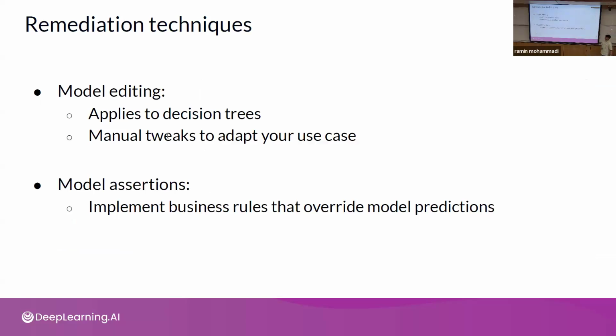So then there are also some remediation techniques. For example, you can do model editing. If you look at decision trees, you can apply model editing, pruning the trees and things like that. Or you can manually tweak your data based on some business cases that you have. Model assertion is an example where you have a model and your model says accept the loan, but the company has a policy that even if the model says accept the loan, based on this, override the rule and reject it.